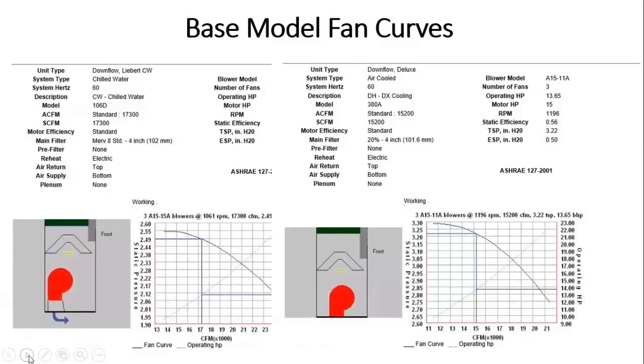I also wanted to show the curves. These are the curves of the two fan types we have in that base model. One of them is over here on the left. These are centrifugal fans, downflow standard centrifugal fans. And you see here that it's able to produce almost 2.5 inches of water at 17,000 CFM at an RPM of 1061, on a horsepower here of, I can't quite remember what the horsepower is.